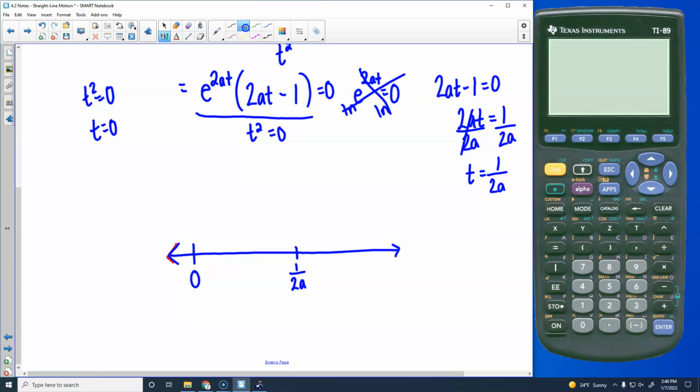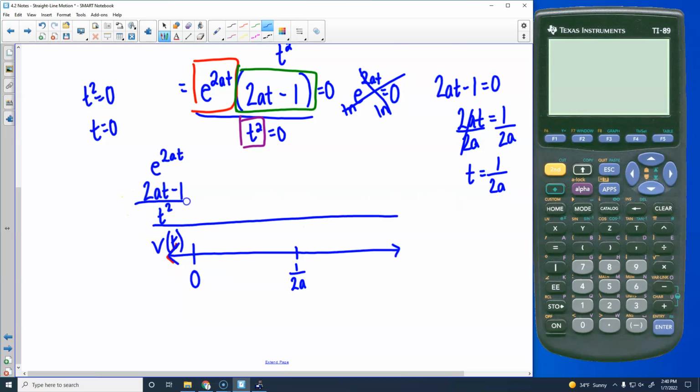So I've got 3 pieces to my derivative. I've got e to the 2at, I've got this piece here, 2at minus 1, and then I've got this piece here, which is my t squared. And that will give me the sign of my velocity function.